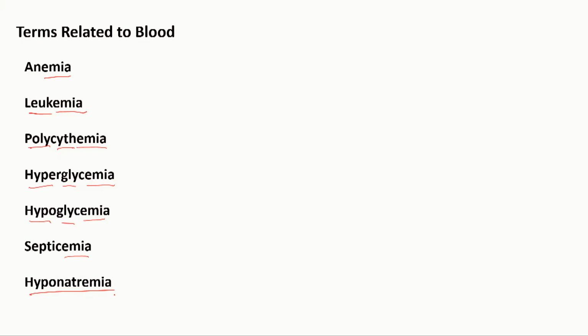Hyponatremia. So we understand that natrium is a term when we use sodium as a symbol. Na stands for natrium, which is actually a sodium ion. So if there is a lower concentration of sodium in the blood, the condition is called hyponatremia. We can also call it hypernatremia, which stands for higher concentration of sodium in the blood circulation.